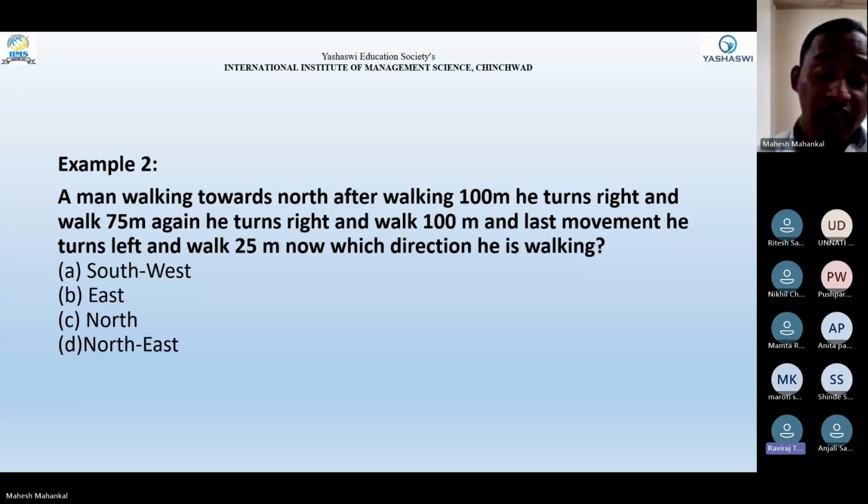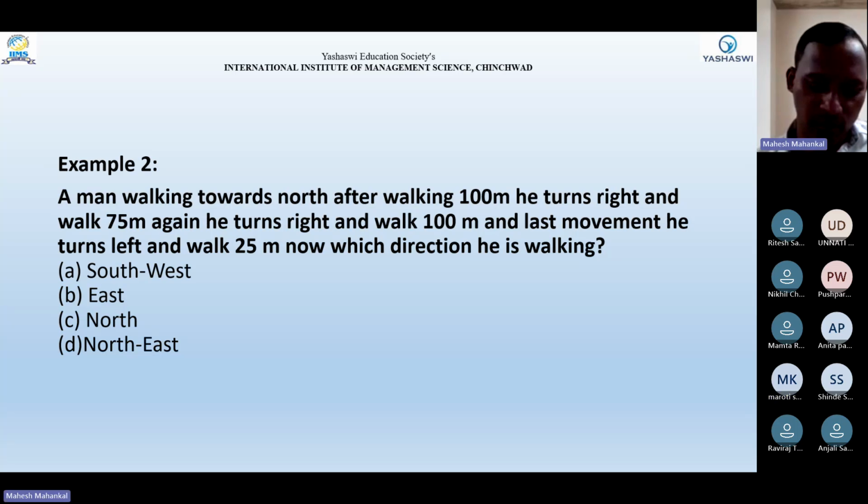Okay, that is why I am telling you carefully: you have to read the sentence and draw a diagram, draw a path according to the statements. Option B, east.